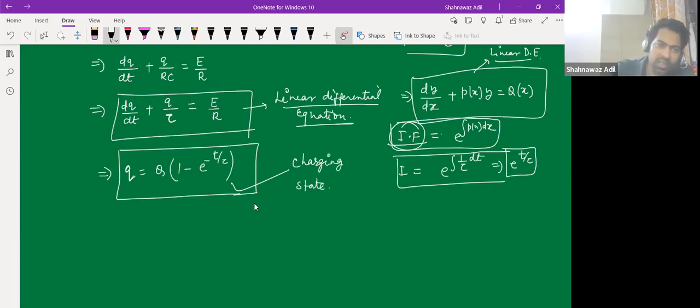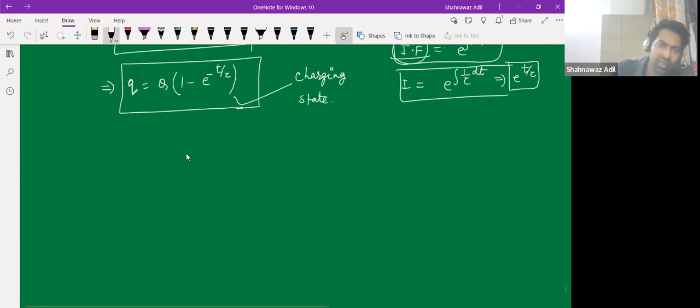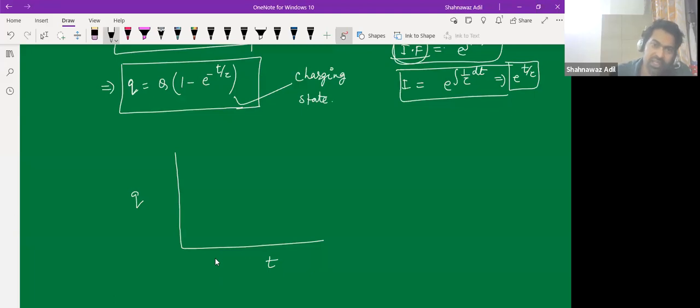When you draw the graph of this, this is Q, this is time. Initially the charge is 0, because if we take t equal to 0, e to the power 0 is 1, so 1 minus 1 is 0.